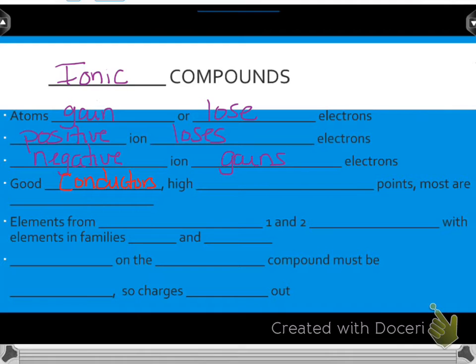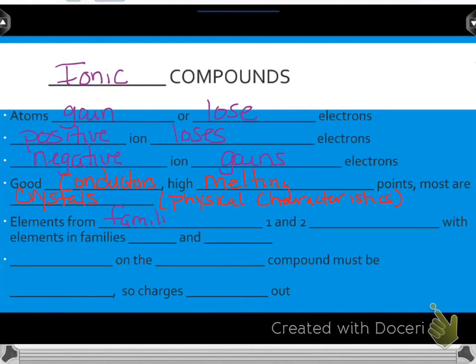For ionic compounds, they become good conductors. They have high melting points and most are crystals. Those are physical characteristics of ionic compounds, and those characteristics are what happens when those two atoms join to make an ionic compound.